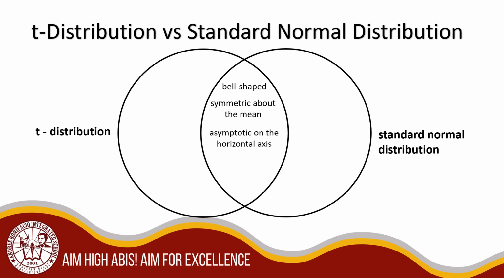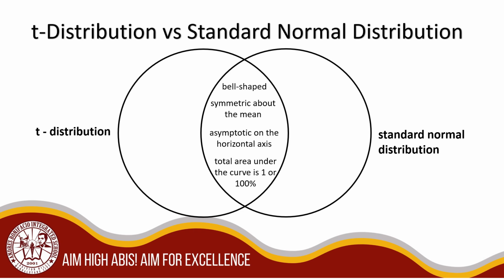And next, asymptotic on the horizontal axis. So parehas din the curve of t-distribution and the standard normal distribution are both asymptotic on the horizontal axis. And next, the total area under the curve is 1 or 100%.